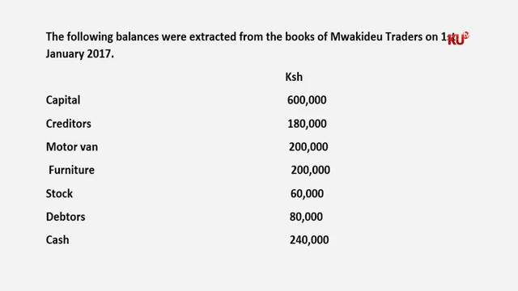Capital is 600,000, creditors 100,000, motor van 200,000, furniture 200,000, stock 60,000, debtors 80,000, cash 240,000.